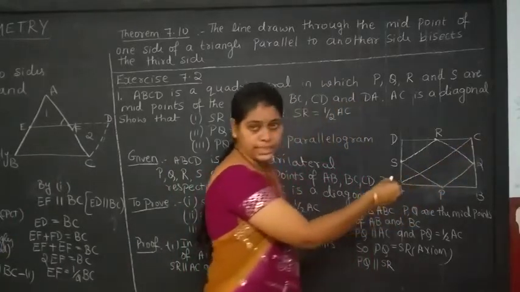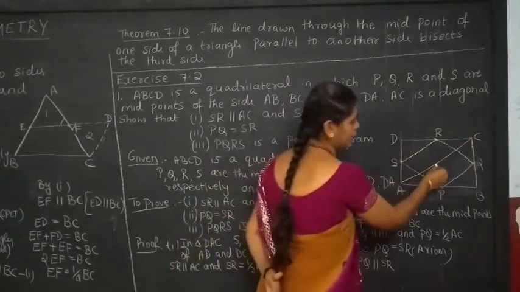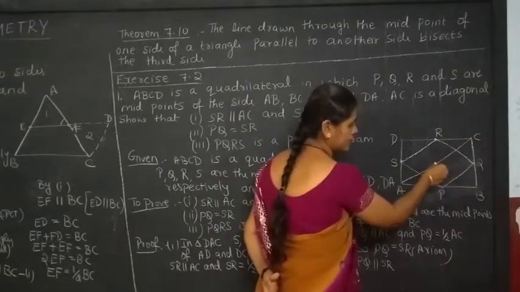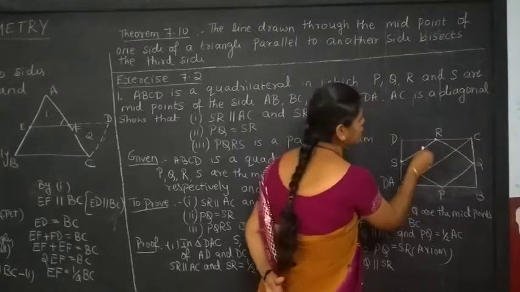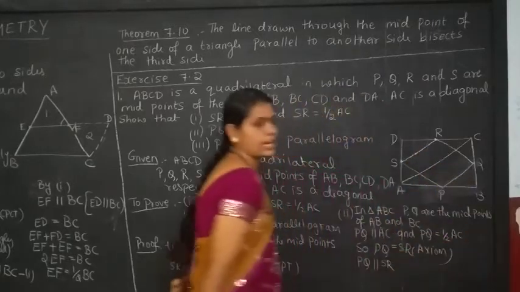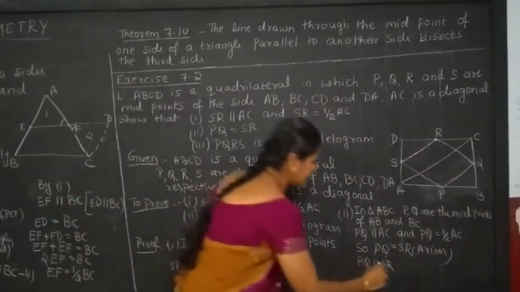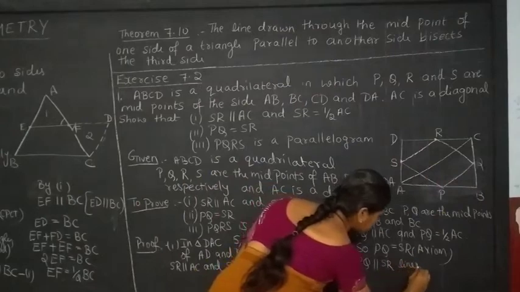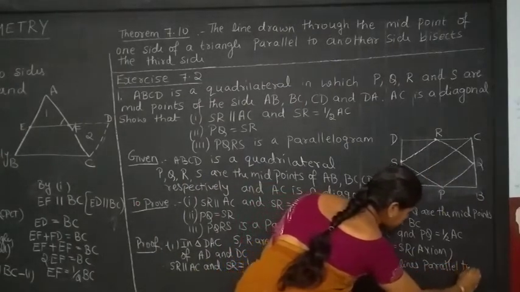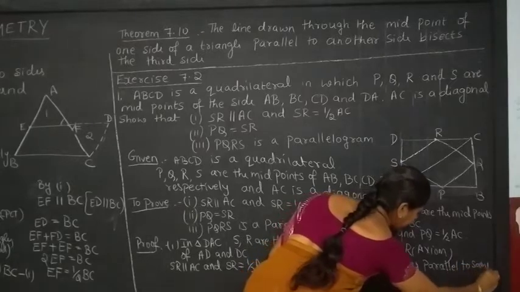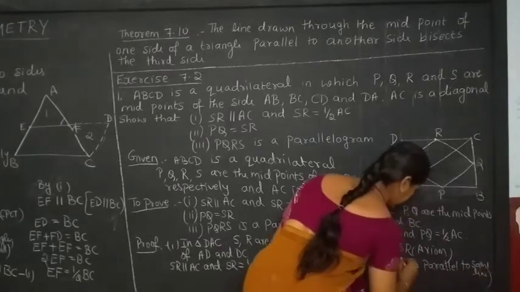What you learned in the theorem: SR is parallel to AC, PQ is parallel to AC, so these two are lines parallel to the same line. So I can write these two lines are also parallel.